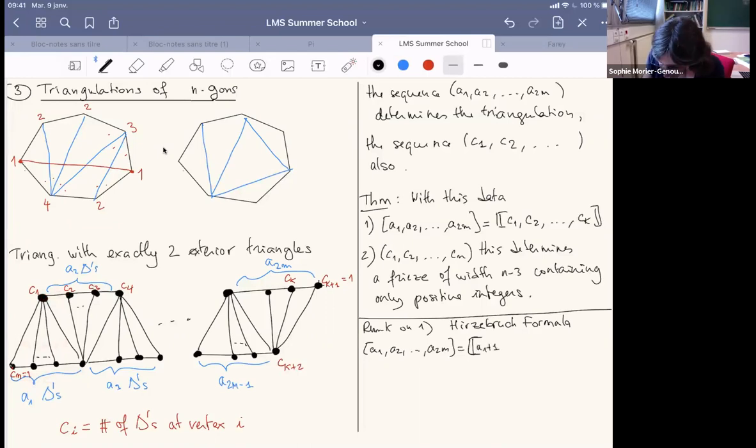We already knew that, but we checked on the picture. Then the next coefficient will tell me how many triangles are incident to the second vertex here. And it's only 2 because they have the base up. And the next one is also 2. So I have a long sequence of 2's.